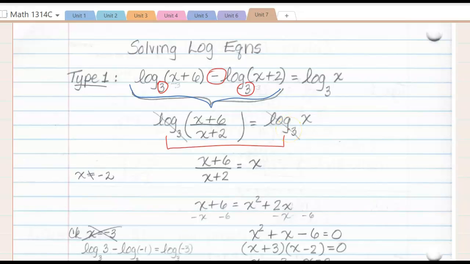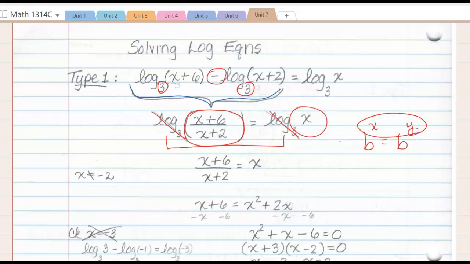If you have only one log on each side of the equal sign, and they have the same base, we can ignore the logs and just look at x plus 6 divided by x plus 2 equaling x. This is equivalent to when we had the same base and said the exponents were equal. So we're doing the same thing here.